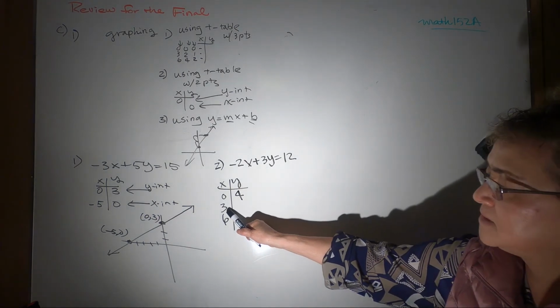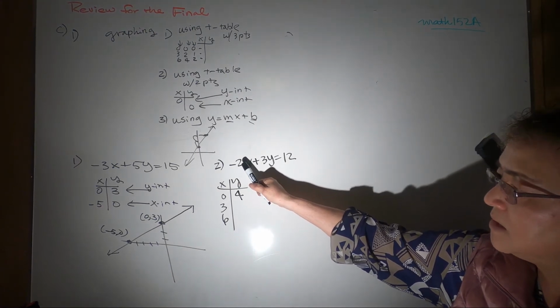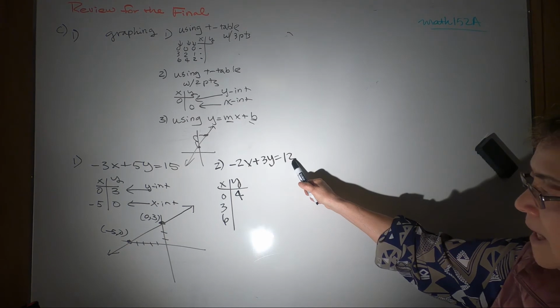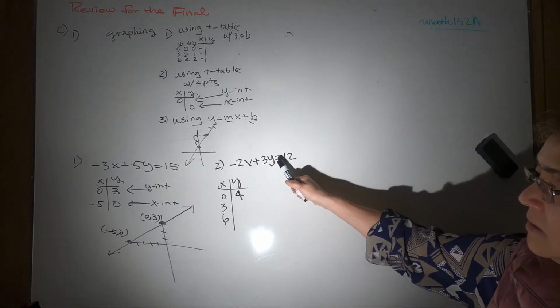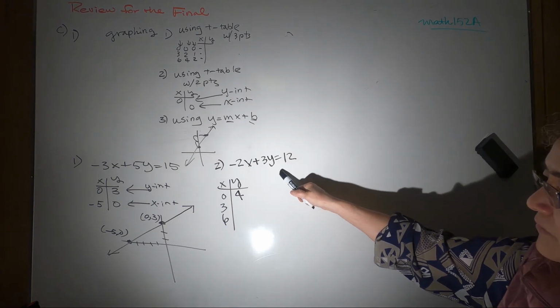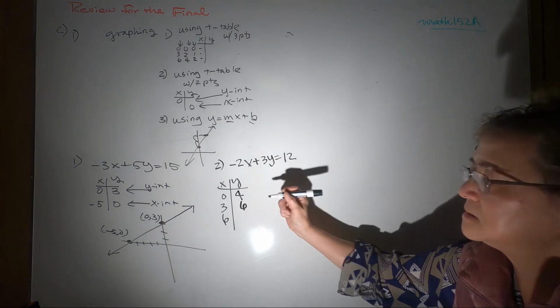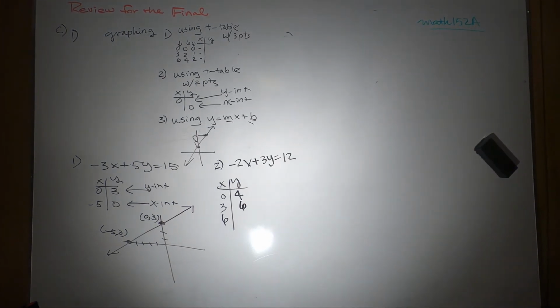And when x is 3, 3 times negative 2 is negative 6. Then you add 6 on each side and get 18. 3y equals 18, divided by 3. So y is 6, right?